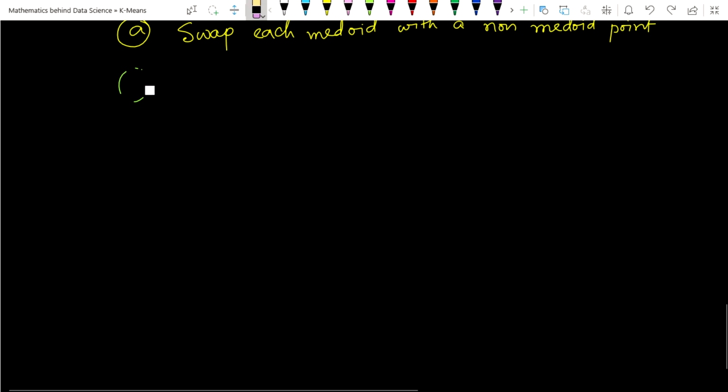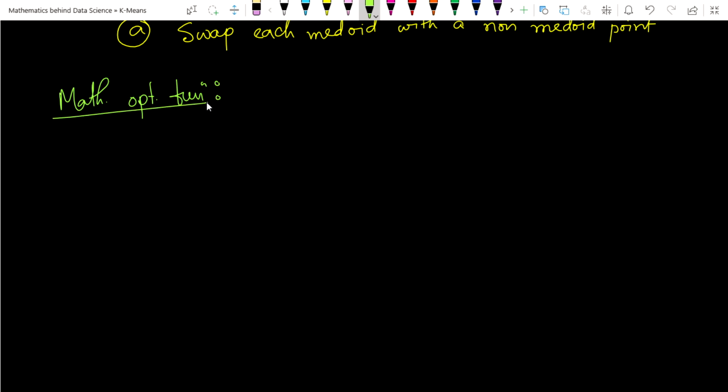Just try to understand the mathematical optimal function that we have built by taking the simple summed up value, where this is the number of clusters that we have considered.